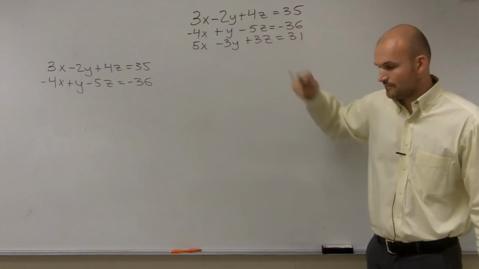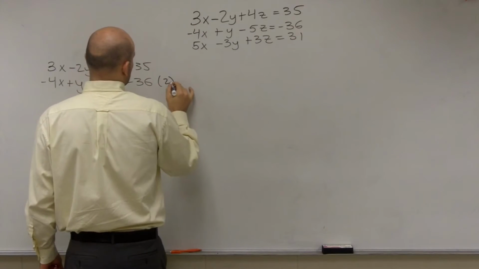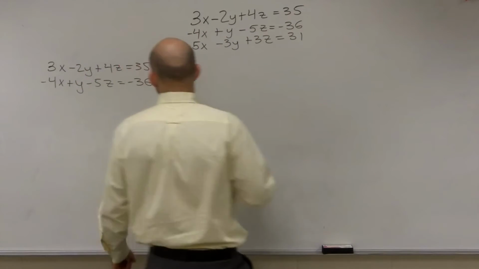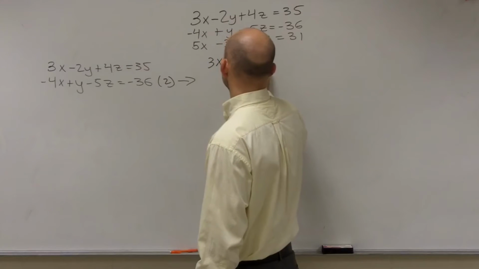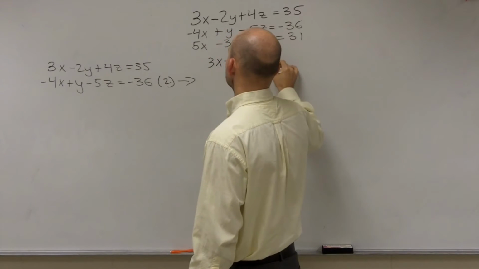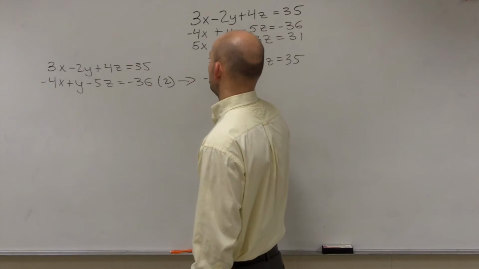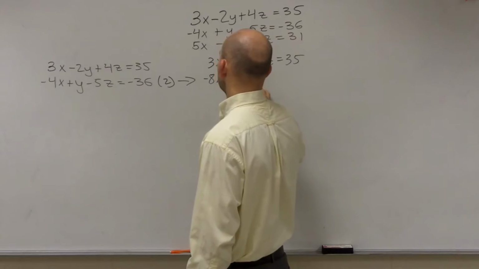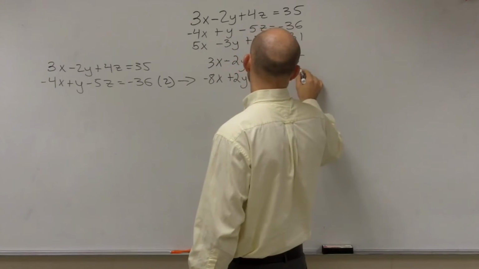Now what I want to do is multiply this by 2, because remember we want to eliminate these two variables. So therefore I obtain 3x minus 2y plus 4z equals 35. And then when we multiply by 2, I get negative 8x plus 2y minus 10z equals negative 72.